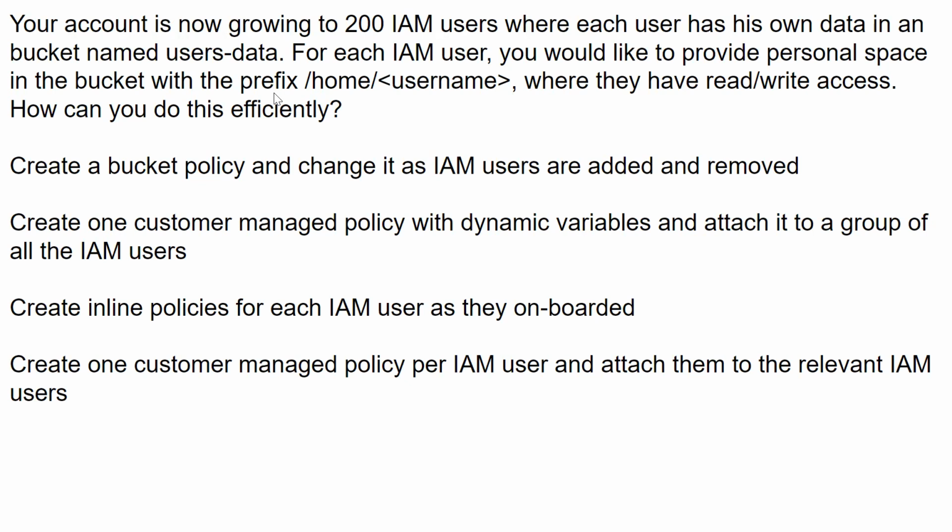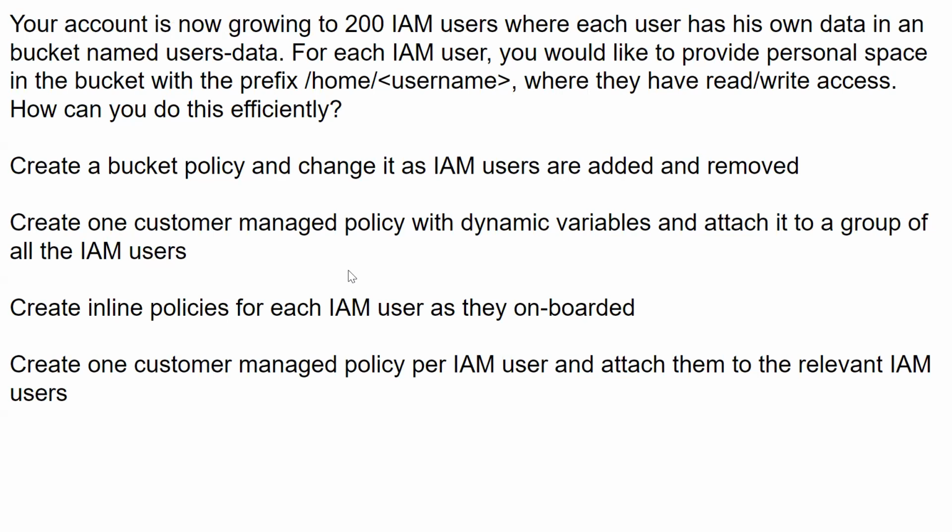Your account is now growing to 200 IAM users, where each user has his own data in a bucket named users data. For each IAM user, you would like to provide personal space in the bucket with the prefix of their username, with read-write access. How can you do this efficiently? Create a bucket policy and change it as IAM users are added and removed.